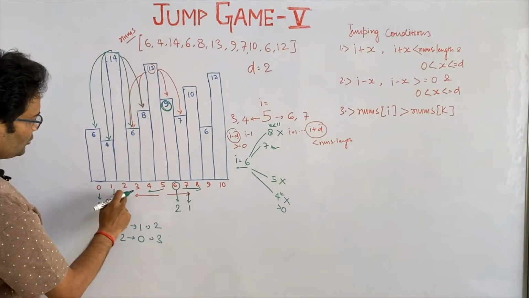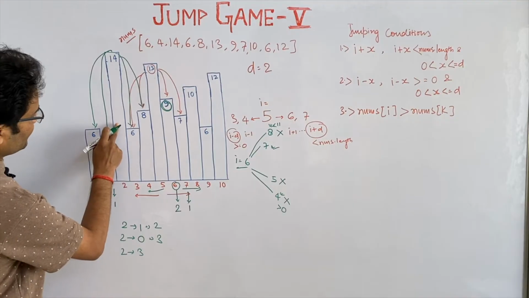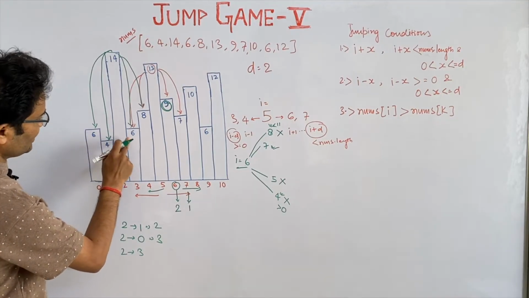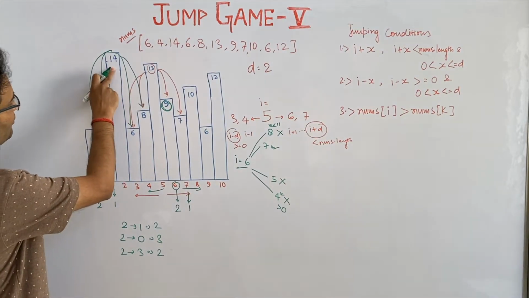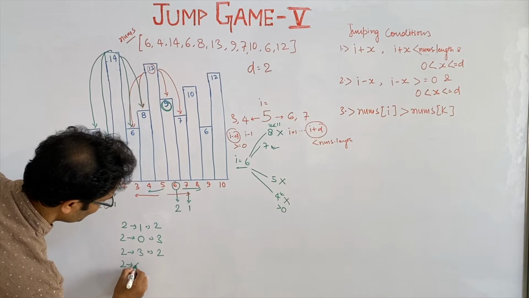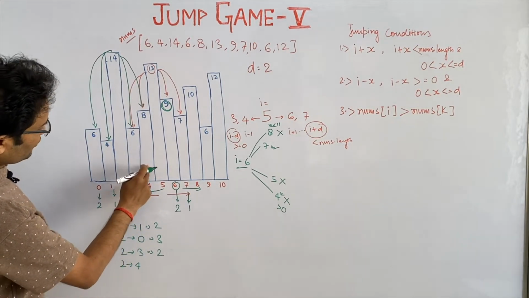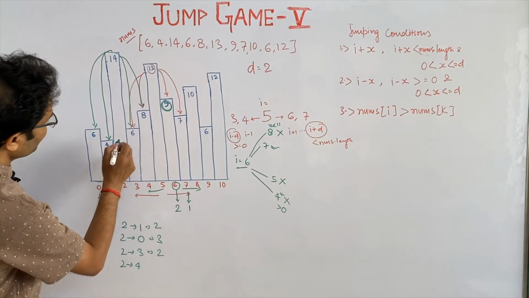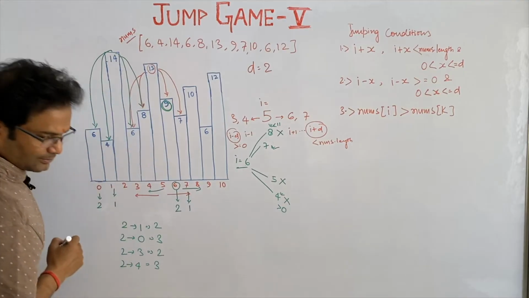If you take from 2 to index 3, I can take only 2 jumps, from here, this one and this one, right? So only the 2 jumps. Okay. If you come from 14 to 8, means from 2 to 4, and from 4 I can jump only 1 here, right? So if you take 14 to 8, 8 to 6, we have the jump 3.